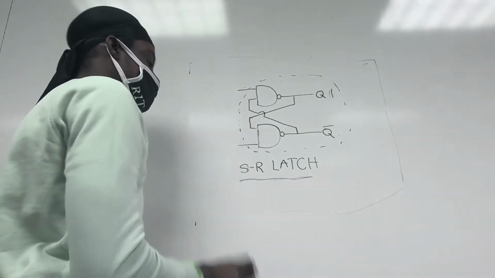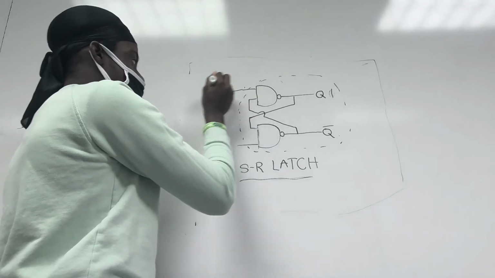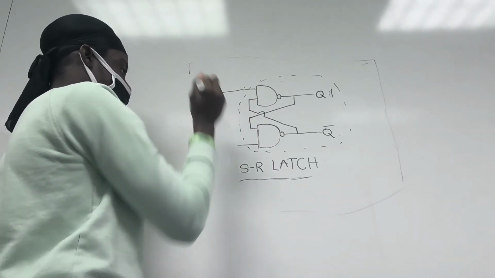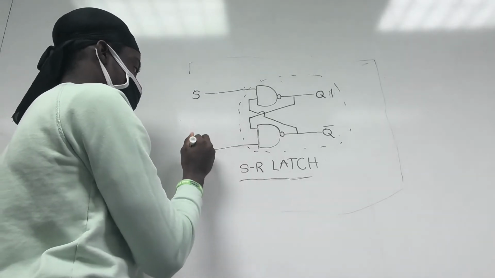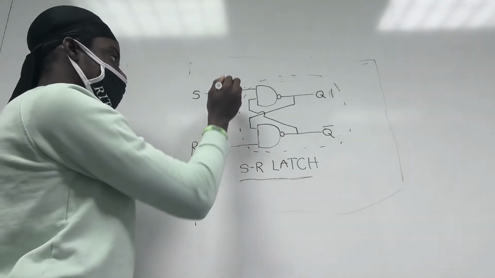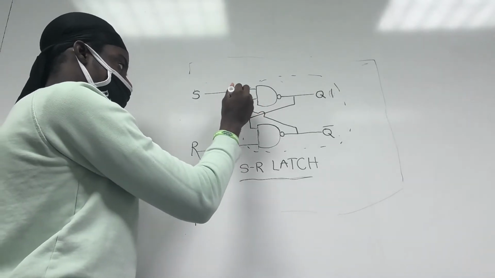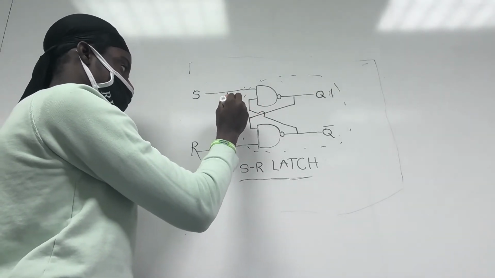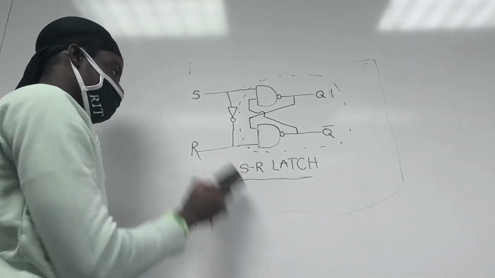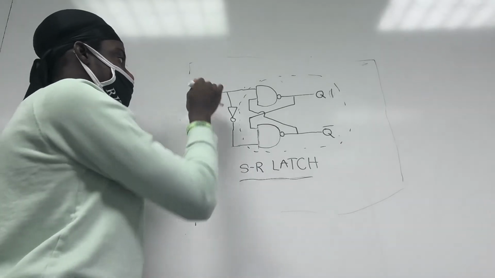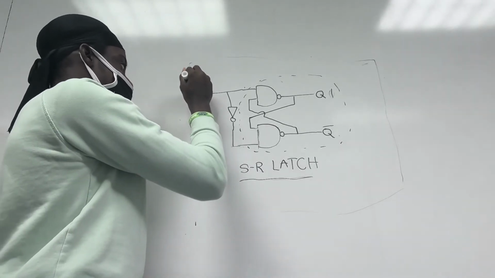Now, what does the data latch look like? This was S, this was R. All you do is you join them, invert it on its way down to R, get rid of R, and change this to D for data.